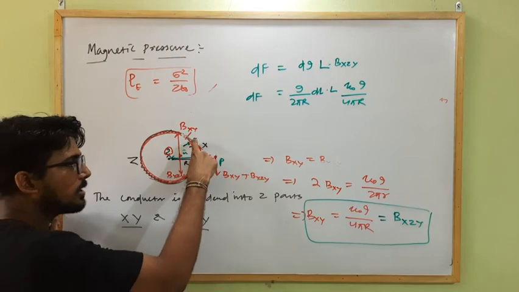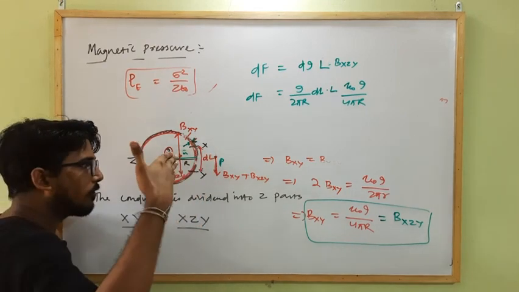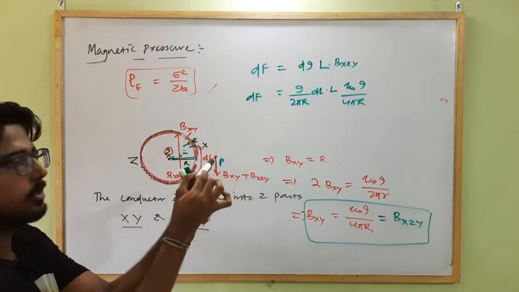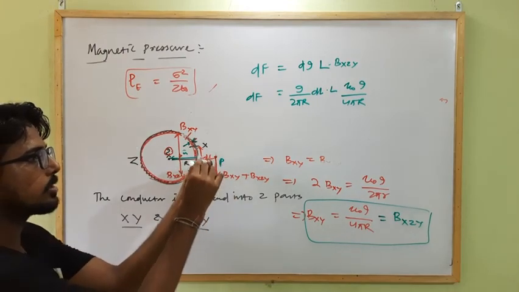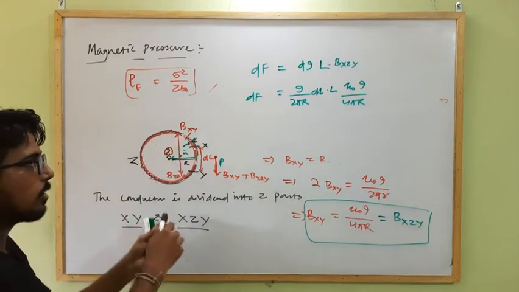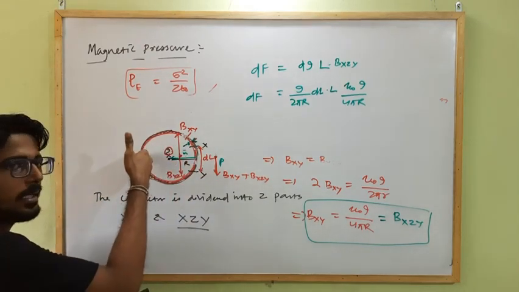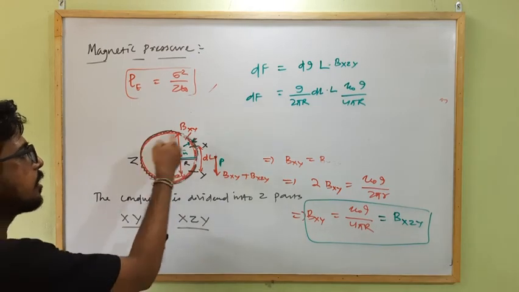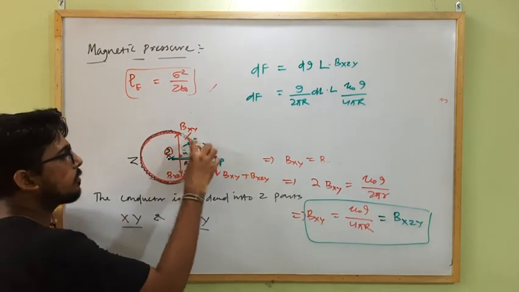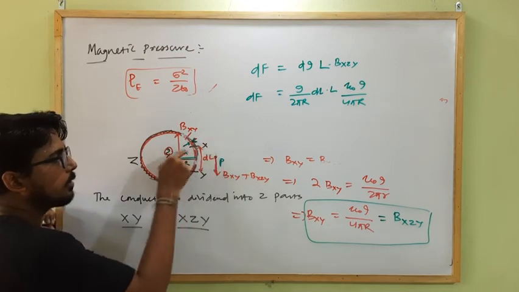So xy is a current carrying conductor of length L which is into the plane, and the width of this conductor is dl, and the remaining portion is a current carrying conductor which has the same length L into the plane, and the total width will be xyz, but I am calculating the force on this much segment only due to the remaining portion.